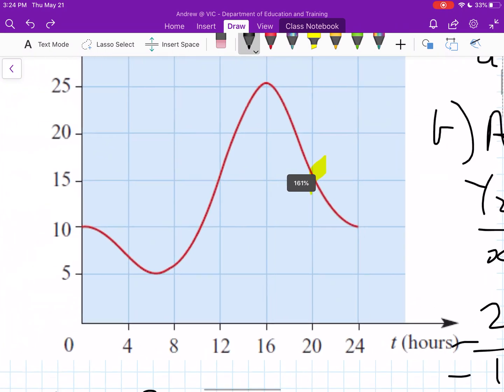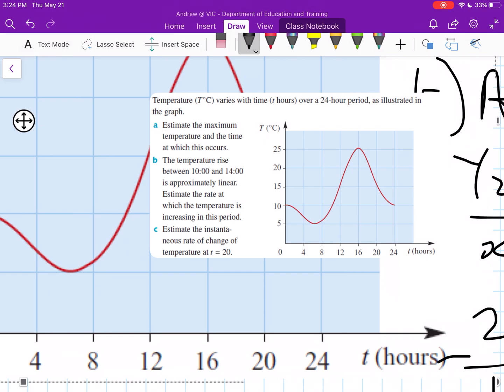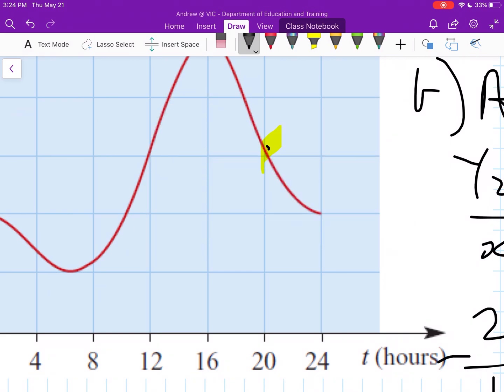Anyway, might zoom in. So, stop moving. So it will look something like this. If you get a ruler out, it is much more accurate.